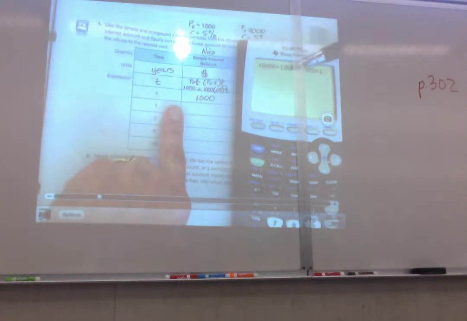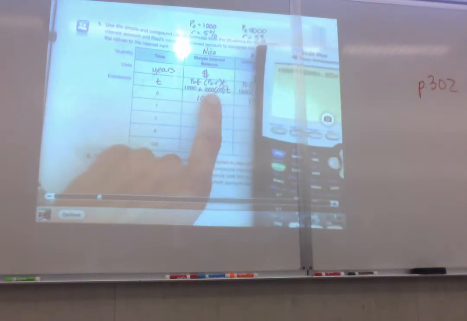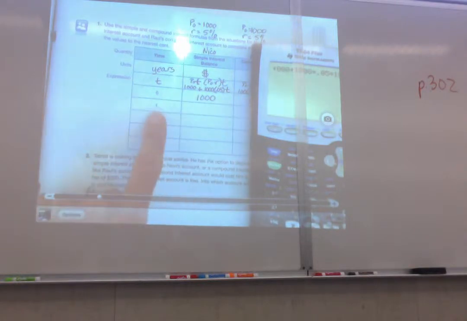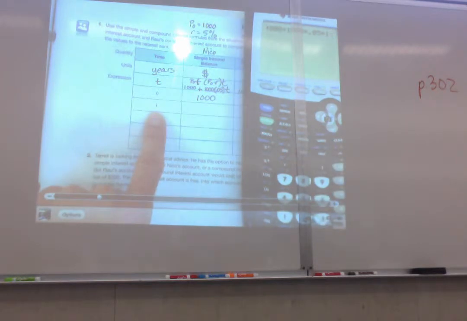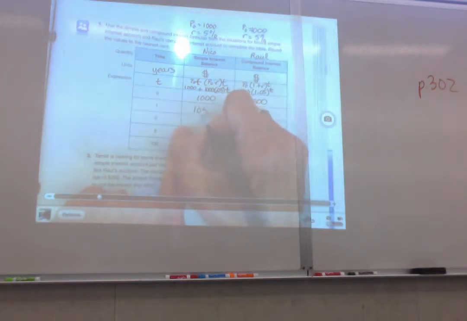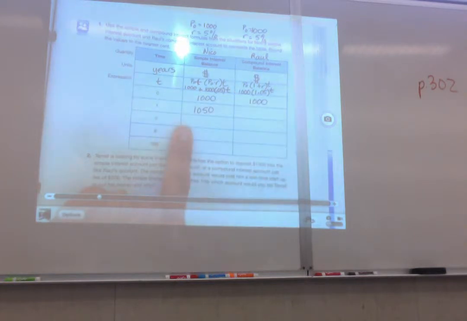That's the principal, the interest rate 0.05, and time, and the time is 1. Enter. 1,050. Do you agree? Yep.